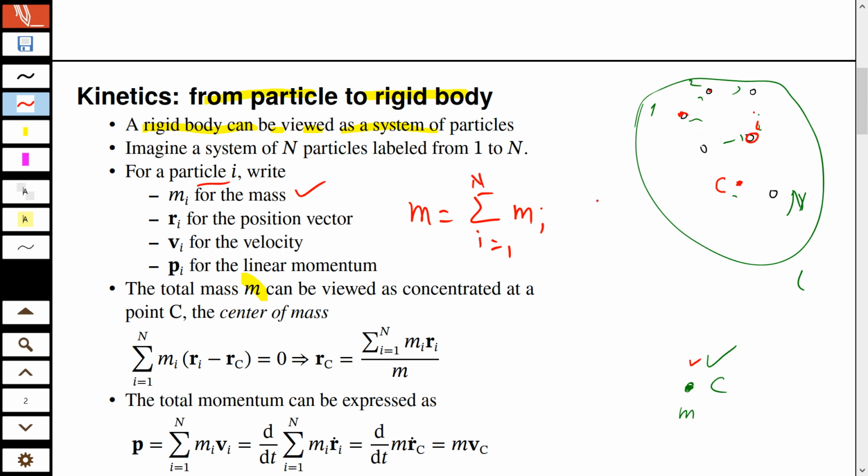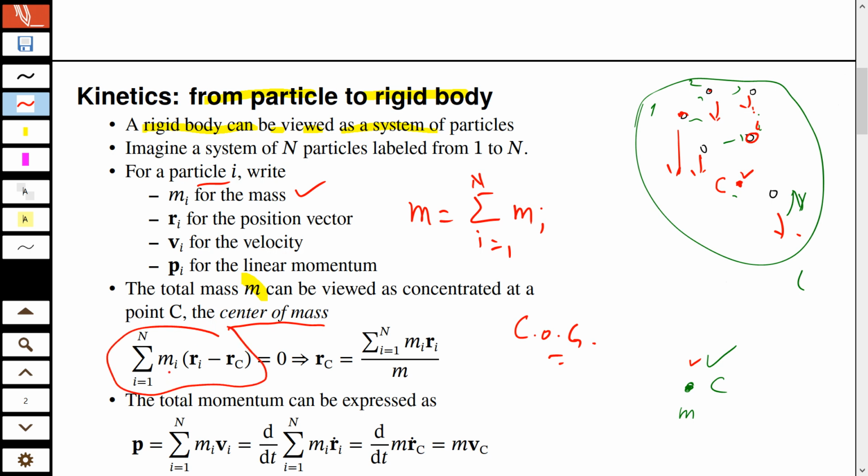Instead of center of mass, you may have heard center of gravity. It's a related concept. If I imagine different forces of gravity acting on all of these particles, together their moments should be balanced by the moment at this particle, and that calculation can be done here.